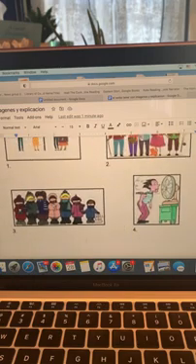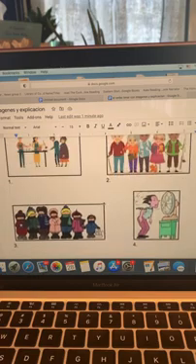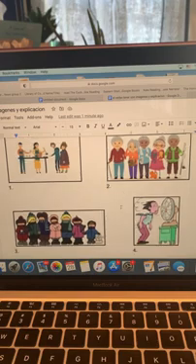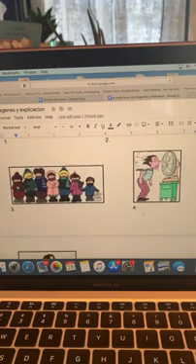Okay? So here you have, I see more than one person, the same with the example, the image above. Okay, you can use ellos, you can use ustedes, or you can use vosotros. Look at the image number 3, it is also plural because it's more than one person.